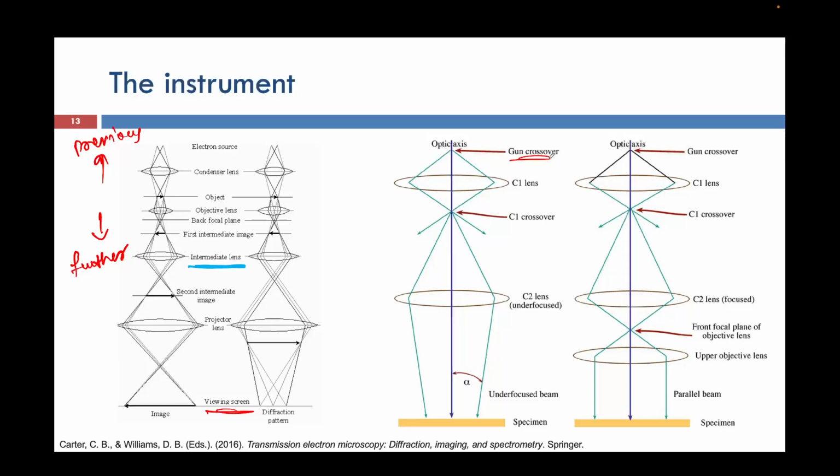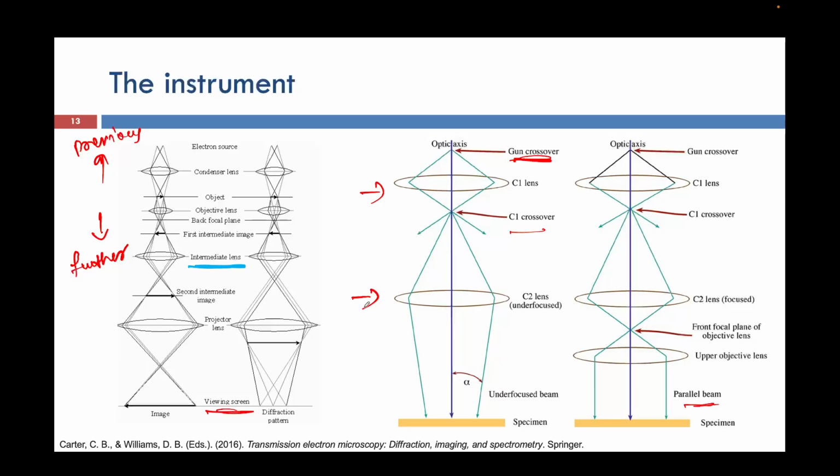So condenser lens, this is the C1 crossover, then here the first gun crossover, then after that once the beam gets through the condenser, the C1 crossover, then you can see the under focused beam, also with the use of C1 by manipulating the strength.